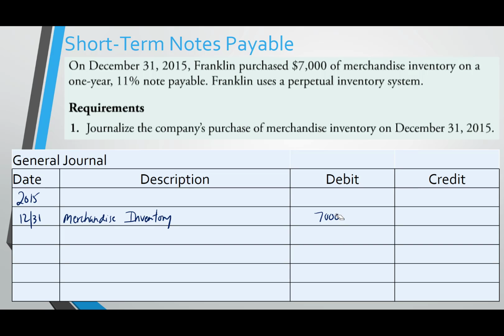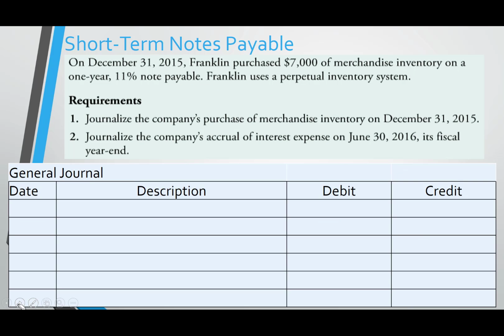And we wouldn't credit cash because we used a note payable, so we will credit that. So notes payable. So that takes care of that. And again, there's nothing to deal with as far as any interest in the beginning when we record the transaction because we have not incurred any at this present time.